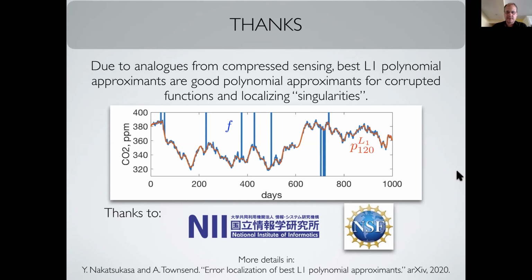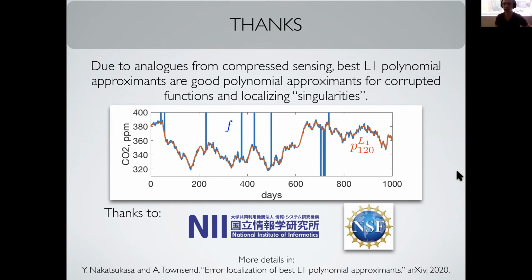It looks like Alex, so I had a quick question. When you were projecting it down, you were doing it to the Chebyshev basis. Presumably you could do it in other OP bases as well? Yes, but there is a very strong reason for using Chebyshev, the Chebyshev basis of the second kind here. That's because of a characterization for best L1 approximations.